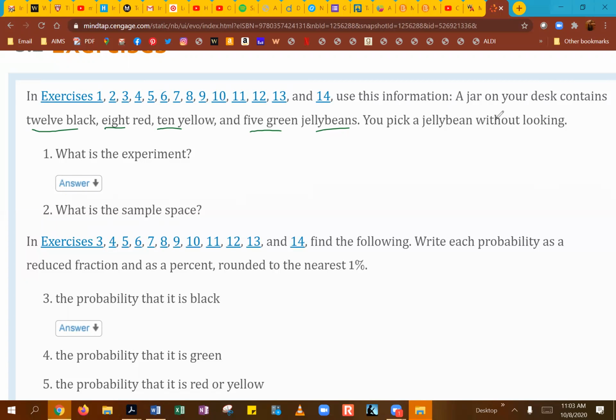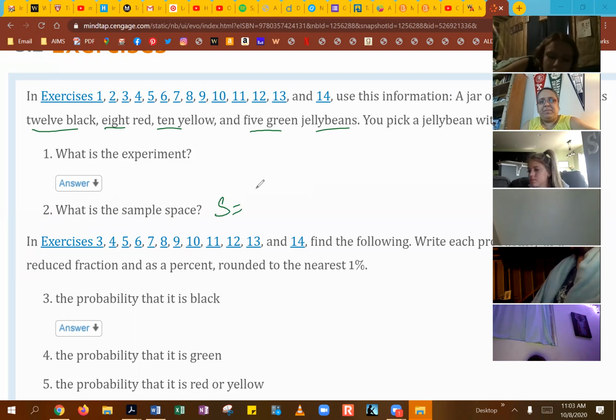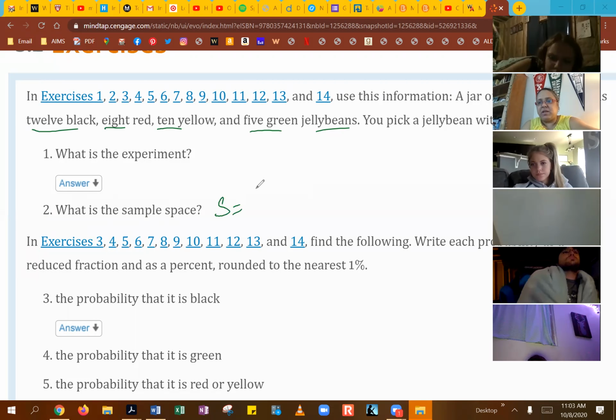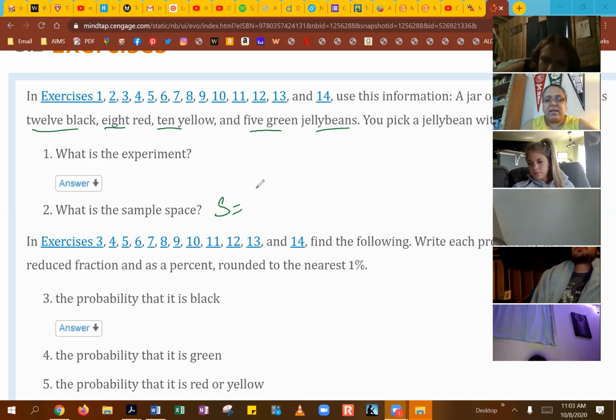Now, can you tell me how you would define the sample space for our jelly bean experiment? We know the experiment is choosing one jelly bean out of the container and checking what color it has. But what's the sample space going to look like?